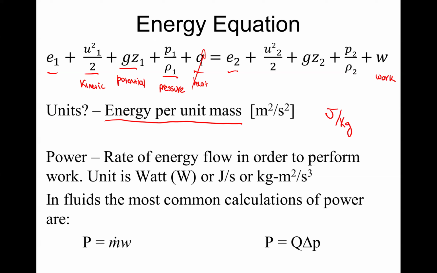Meter squared per second squared is the same as a joule per kilogram. Power is typically the rate of energy flow, so the unit is the watt, which is a joule per second. So I need to turn joule per kilogram into joule per second, and the way to do that is by multiplying by the mass rate, because that's kilograms per second. Now I have joules per second.